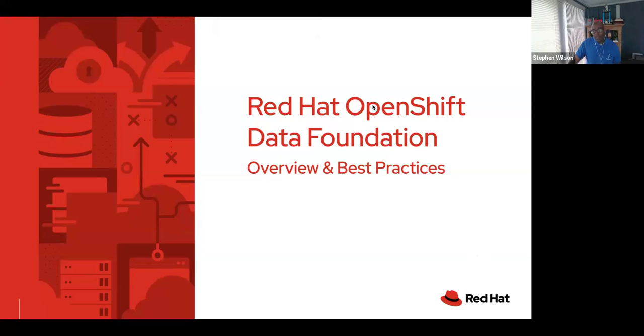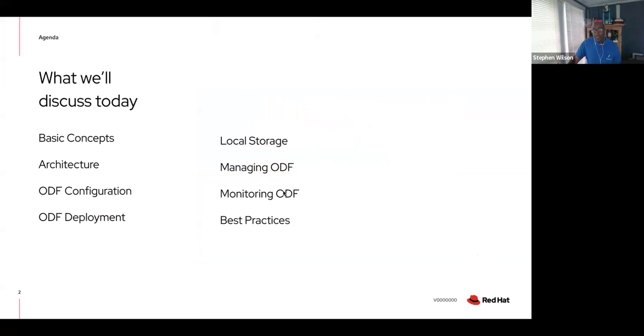All right, next slide. So today what you'll get is a review of the basic concepts of Red Hat OpenShift Data Foundation. We'll review the architecture. We'll talk about the ODF configuration, as well as the deployment.